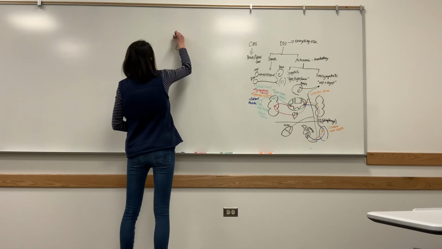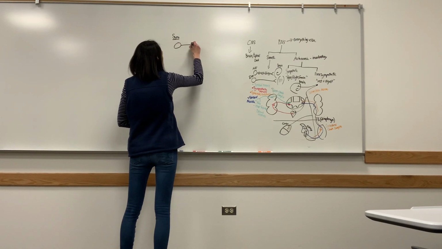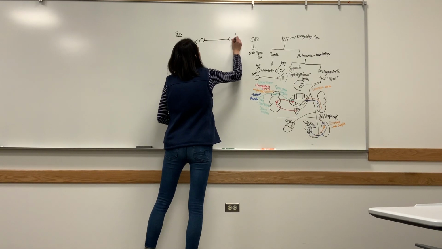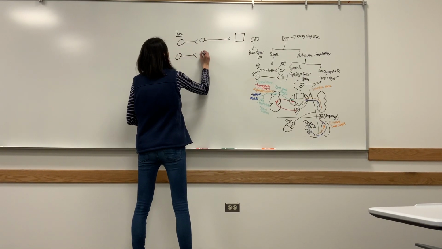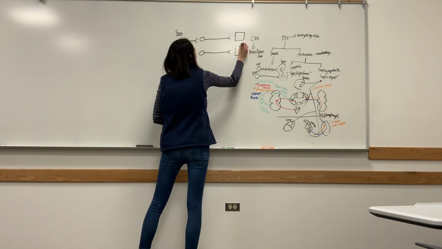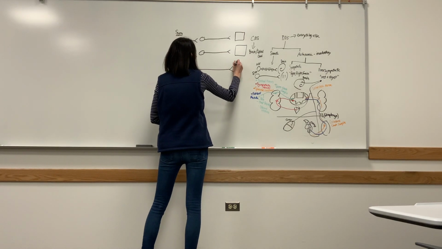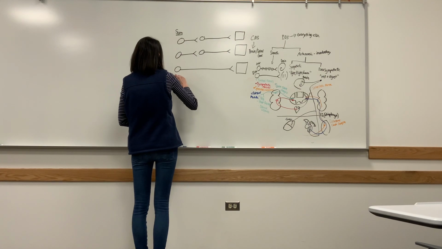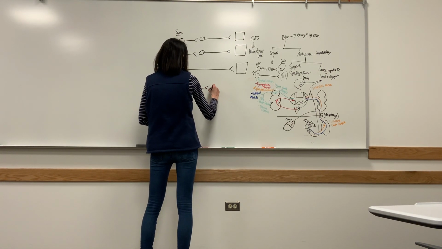So for the sympathetic, once again, we have 3 different pathways. So I'll draw 3 pathways. For the parasympathetic, there's one major pathway.